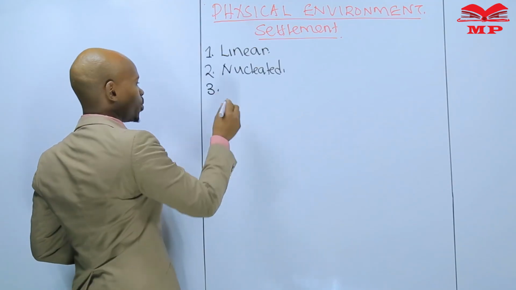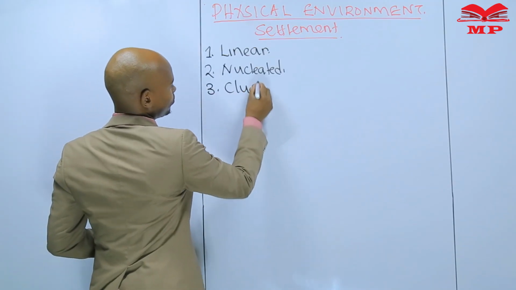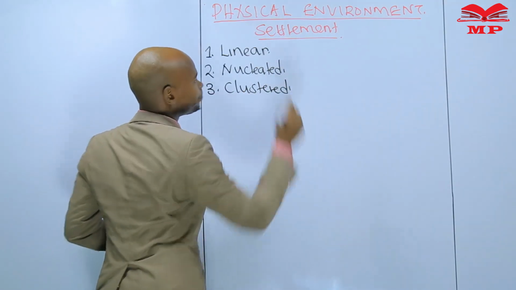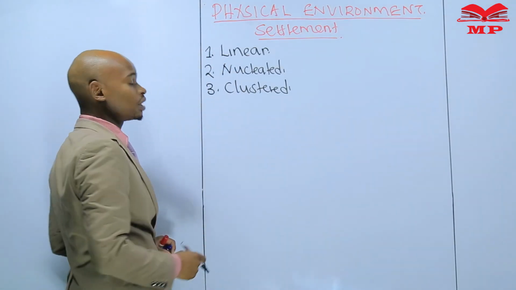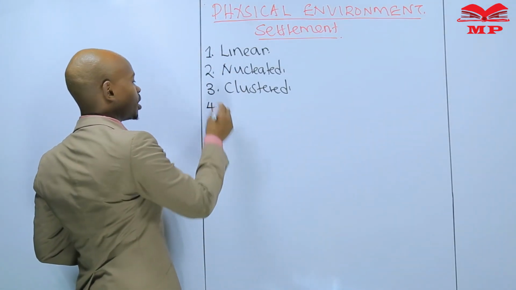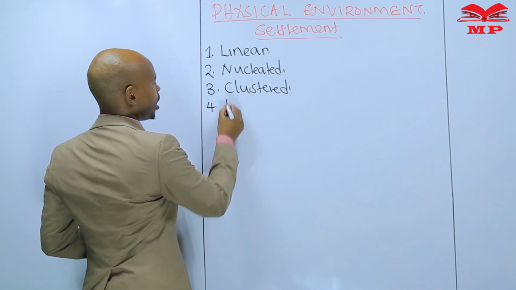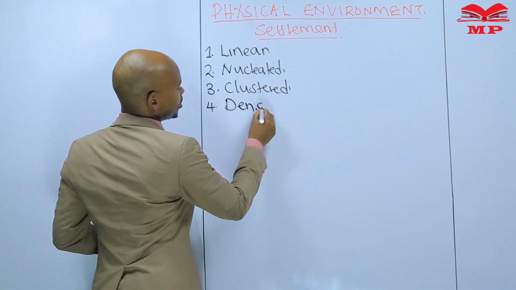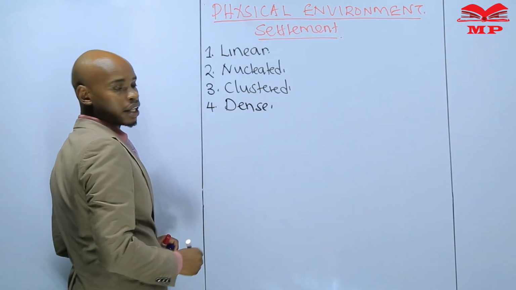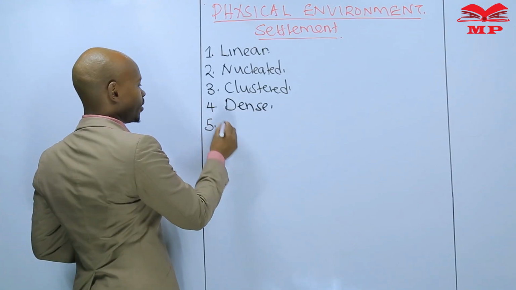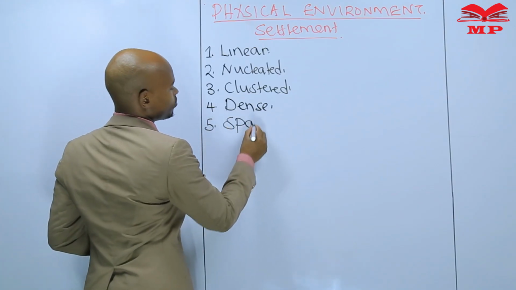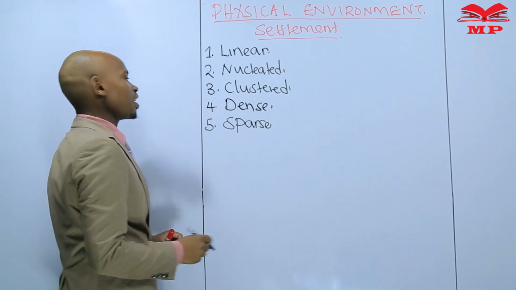Category number three, we have clustered settlement pattern. Category number four, we have dense. And category number five, we have sparse settlement.